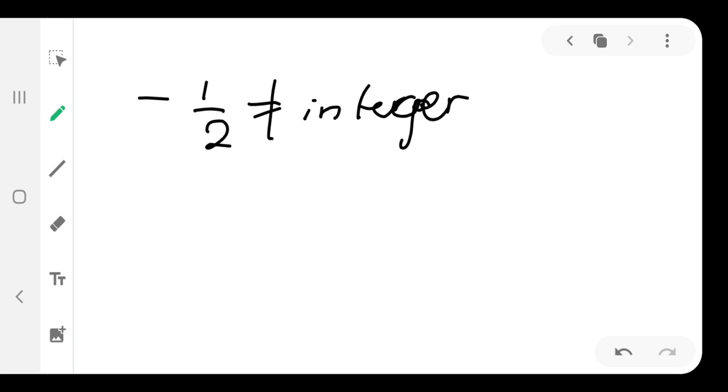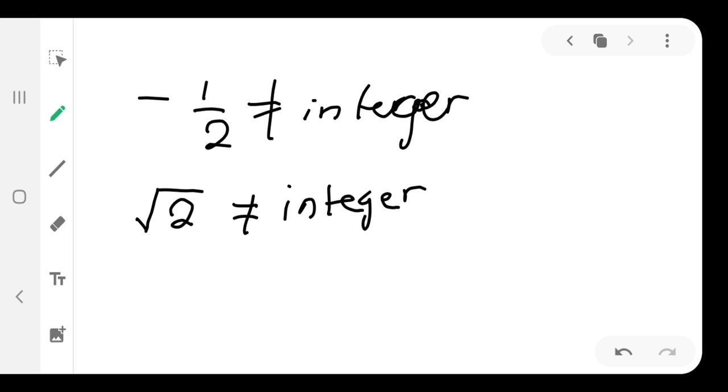And the square root of 2 is not an integer. The reason is that the square root of 2 gives you a fraction or a decimal number, so we can't call it an integer. We are looking for whole numbers.